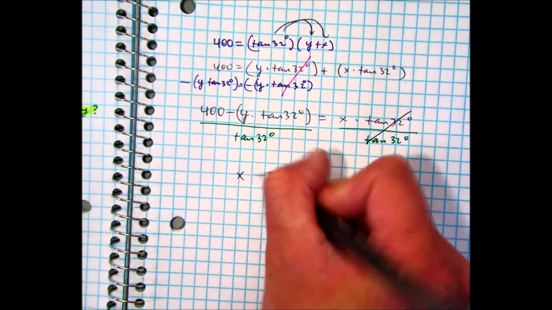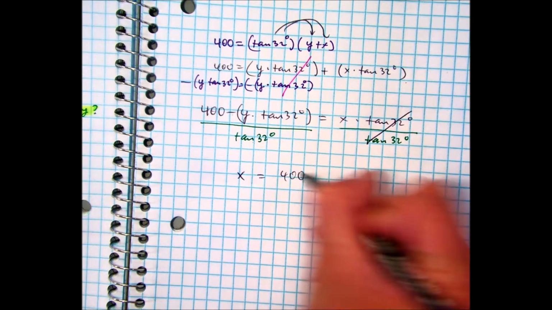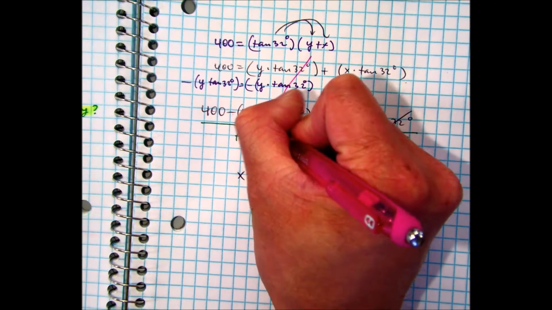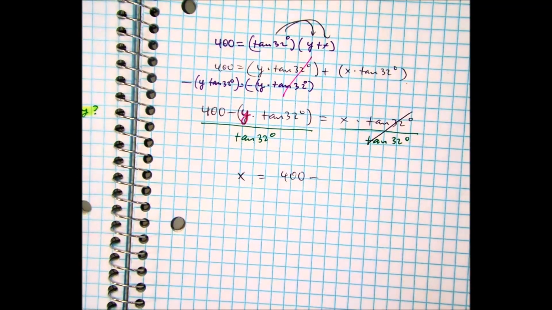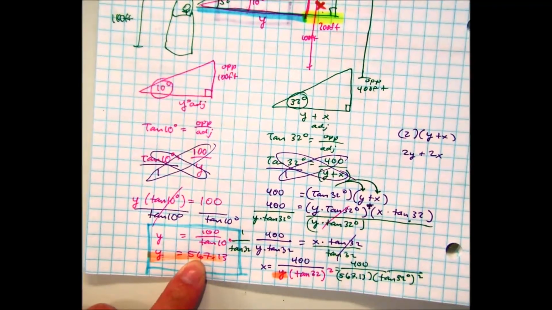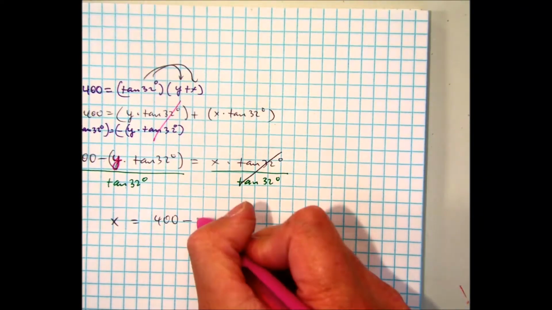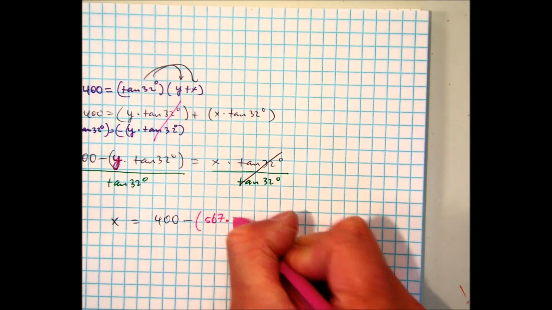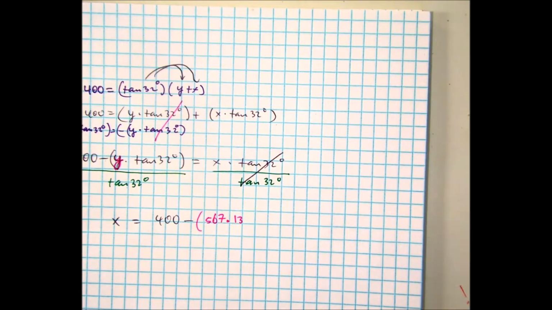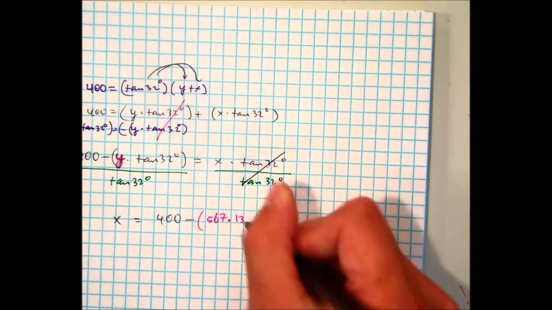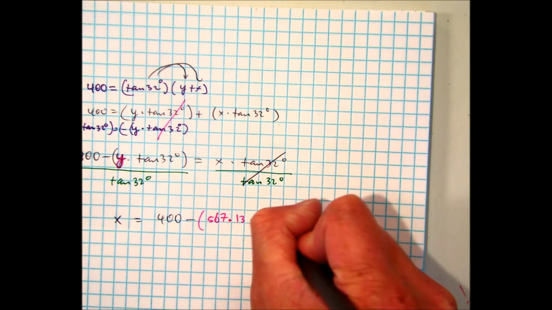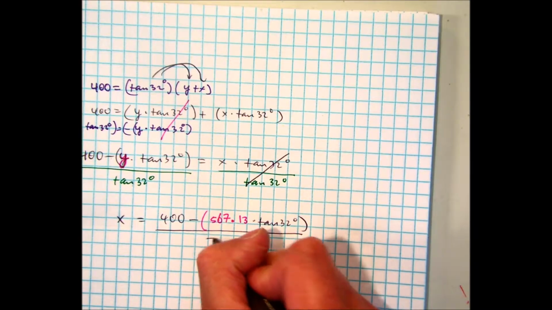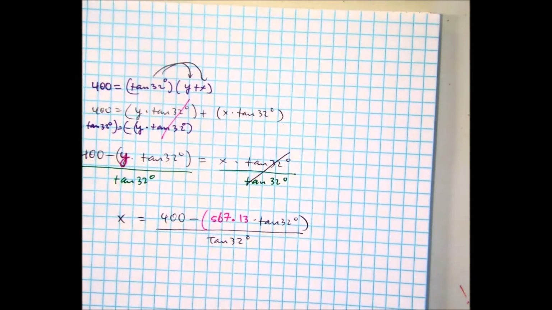Okay, so my big equation so far is 400 minus the y variable. The y variable we got from over here, which is 567.13. Now let's put that in. 567.13 times tangent of 32 degrees, and all of that we're going to divide by tangent of 32 degrees.